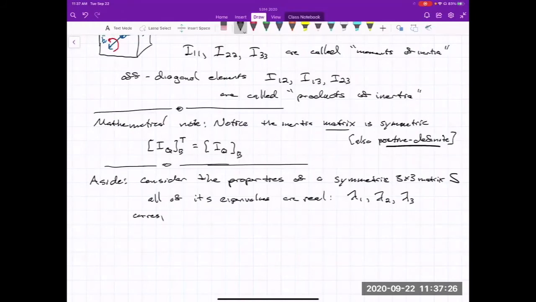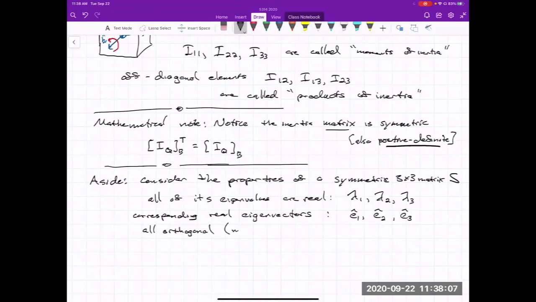There are corresponding real eigenvectors. This is true for any symmetric matrix. We were just now talking about a 3x3 symmetric matrix. I'll call the eigenvector corresponding to the eigenvalue lambda 1 E1, and I put a hat on them just to say that we've already normalized them to unity. So these are unit vectors, and in fact, they're all orthogonal.